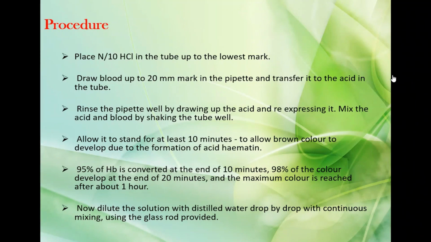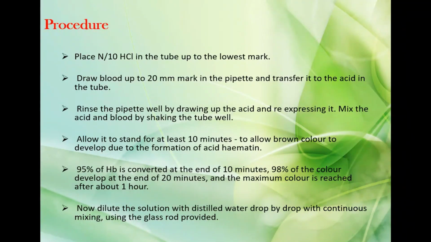The dilution should be comparable with the color it has. So that means we have a standard, a comparator. The comparator color should be matched to this tube. Until then, you have to add the distilled water and mix it properly.